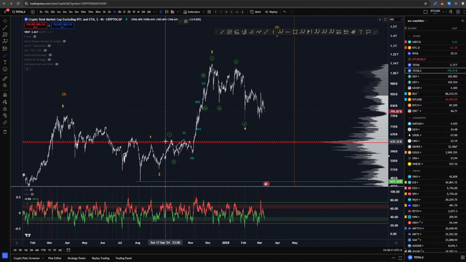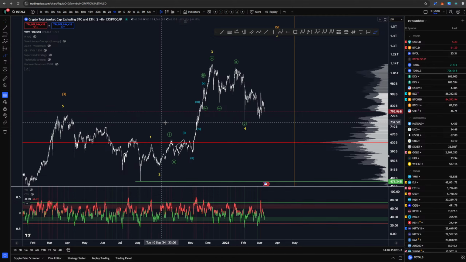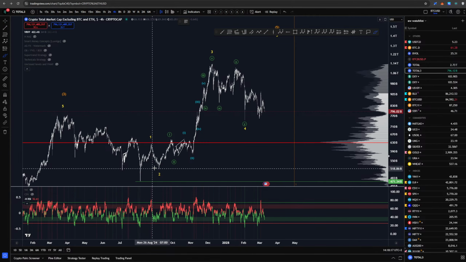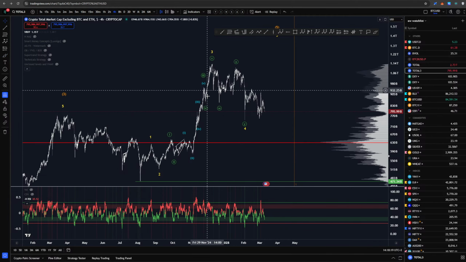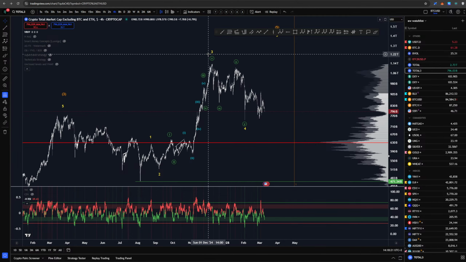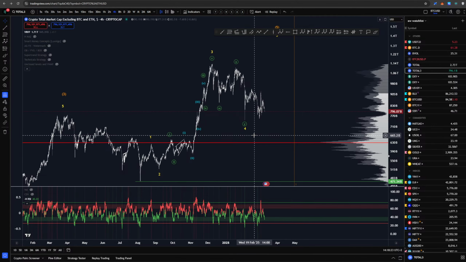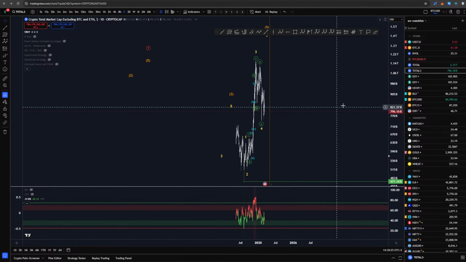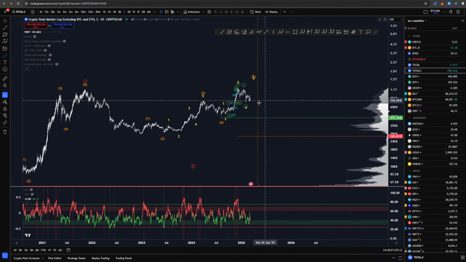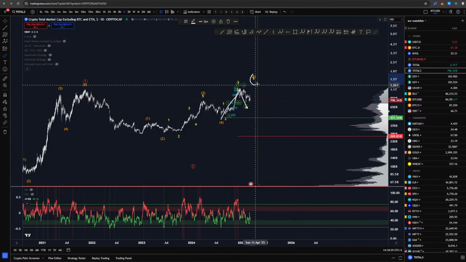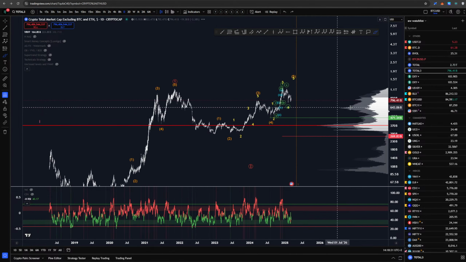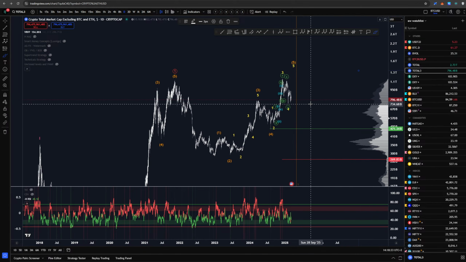We can't really go too low anymore at this point. It's starting to get really out of whack, structure-wise, this whole thing. So unless this whole thing is a 1, 2 of that 5th, then we can't really take more lows anymore.